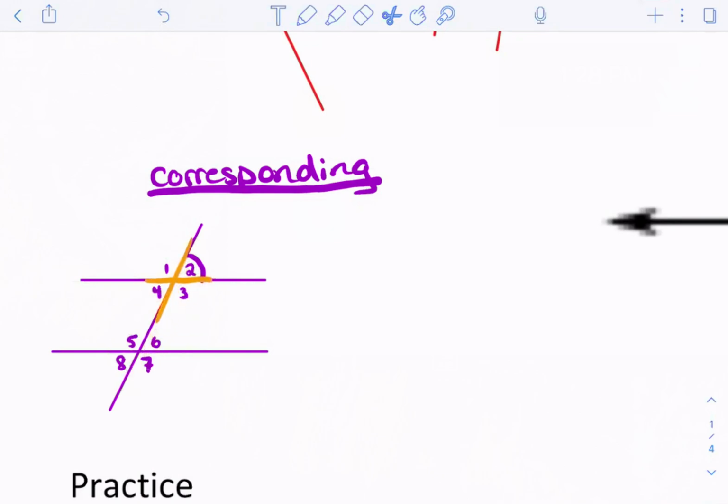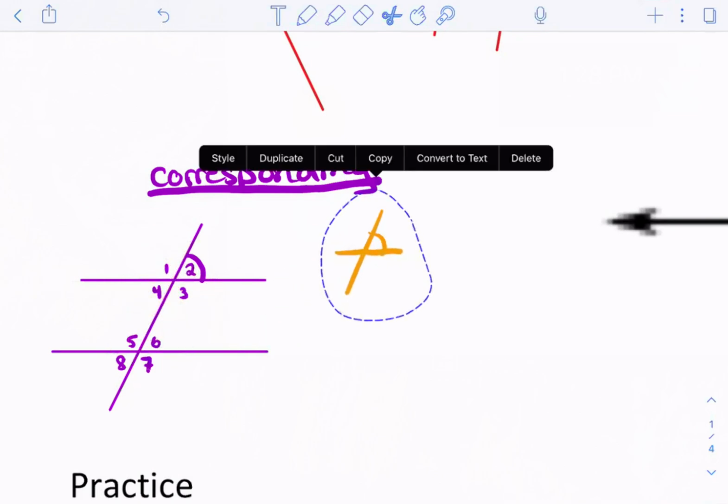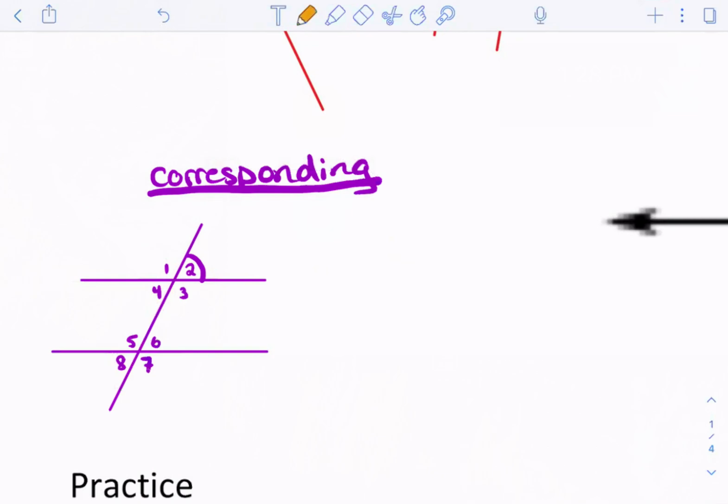Now some of you are able to easily see it, some of you not so much. We're talking about this angle right here. Angle 2 is right here on the top right. So down here on the top right, I have angle number 6. Those are my corresponding angles. So 2 and 6 correspond. And corresponding angles are also congruent.